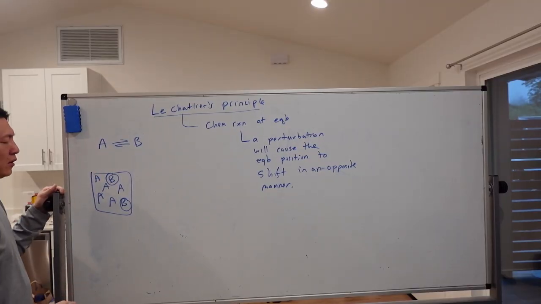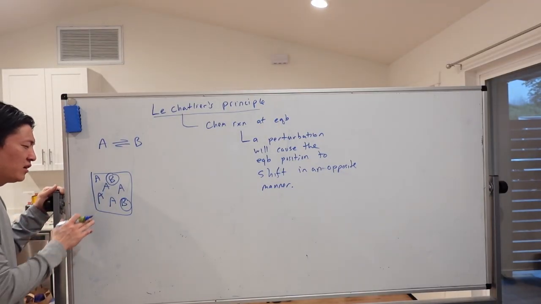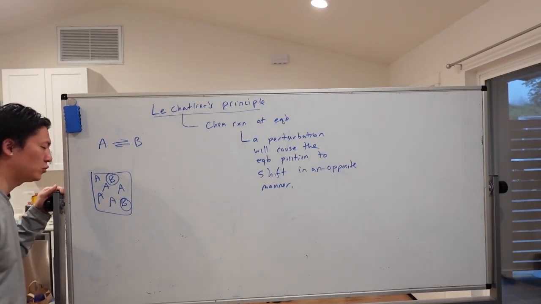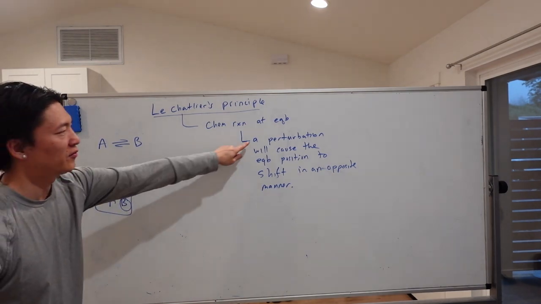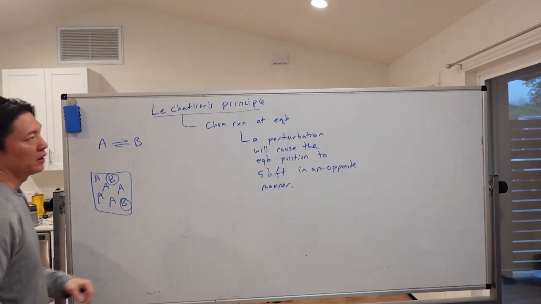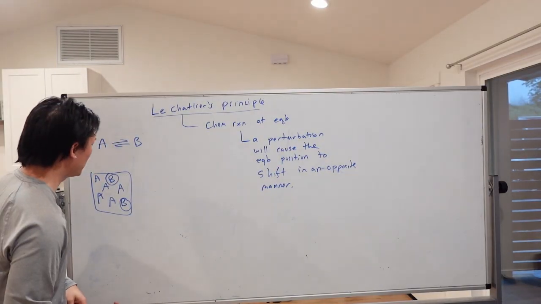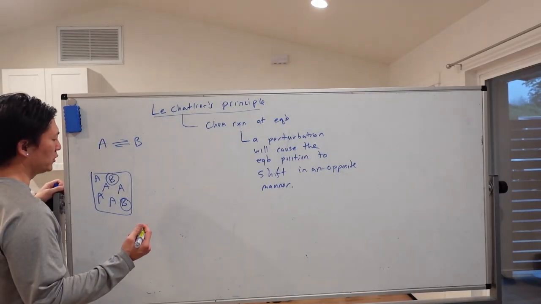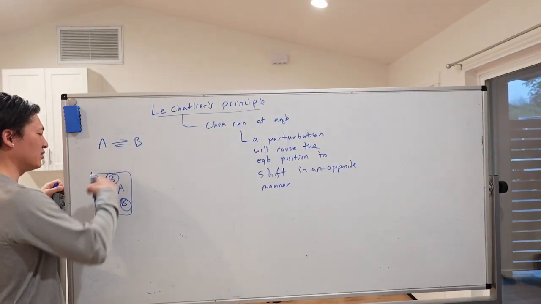Now, I'm not going to do anything to this system. And if I don't do anything to this system, then the amounts of A's and B's remain. Here I count 5 A's and 2 B's. Now if I perturb the system, it will cause the equilibrium position to shift in an opposite manner. For example, I can add A to this system.